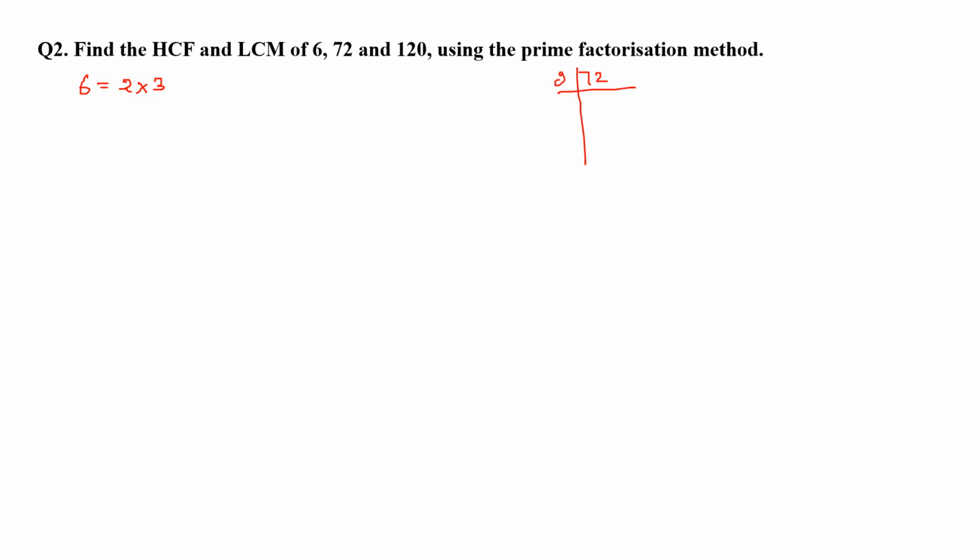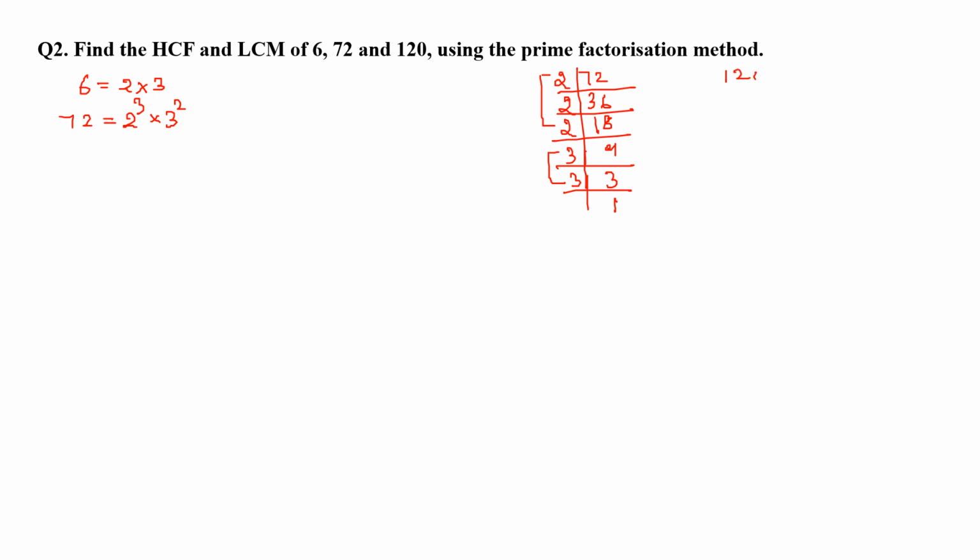So it will be 2 times 36, then 2 times 18, 2 times 9, 3 times 3, and then 3 times 1. So 72, I can write it as 2 cube, because 2 has come 3 times, and 3 square. See, 2 has come 3 times and 3 came 2 times. So 2 cube into 3 square.